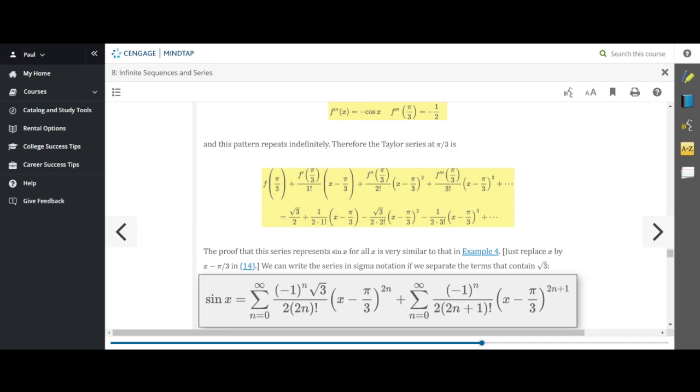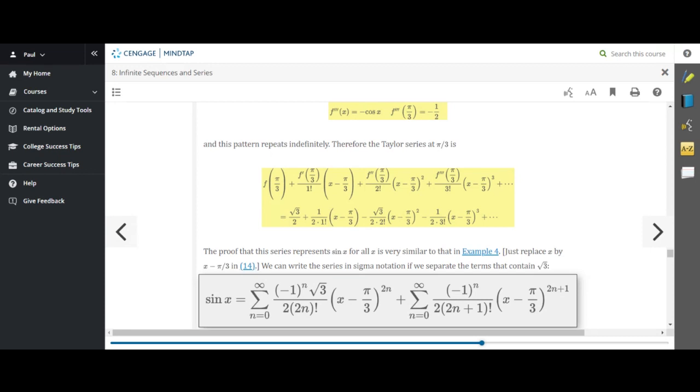To write out the general formula for the Taylor series for the sine of x about pi over 3, you need two power series added together: one power series for the even terms, another power series for the odd terms.